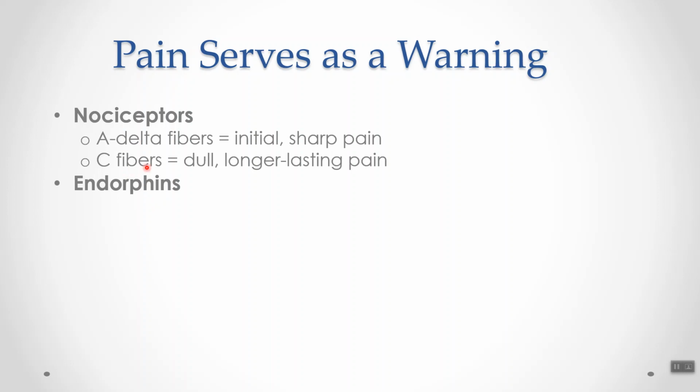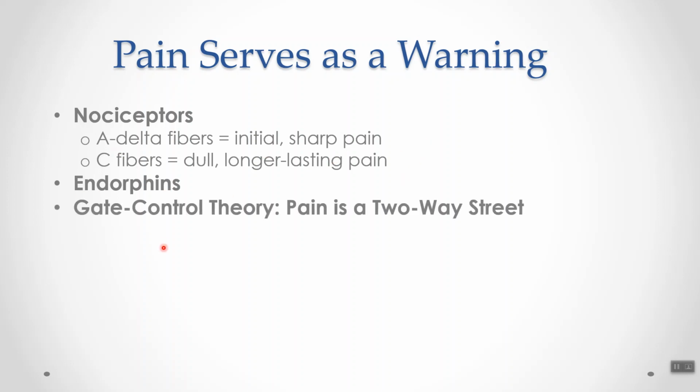Okay, so we've got a couple of things going on here. We've got these fibers that can feel various bits of pain. We've got endorphins that can kind of shut them down. But there's also this theory in pain known as gate control theory. And they kind of describe this as being like pain is a two-way street. Okay, so what they mean by that is some of the small fibers, nociceptors, allow pain signals through.